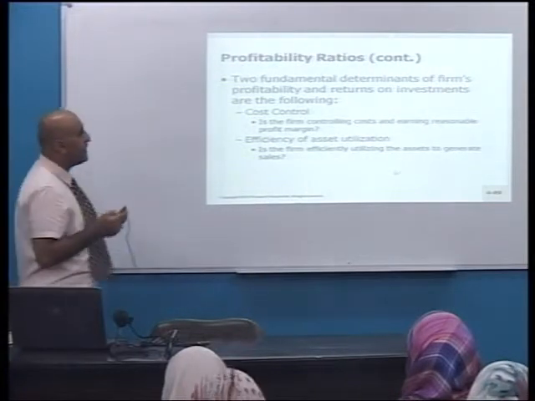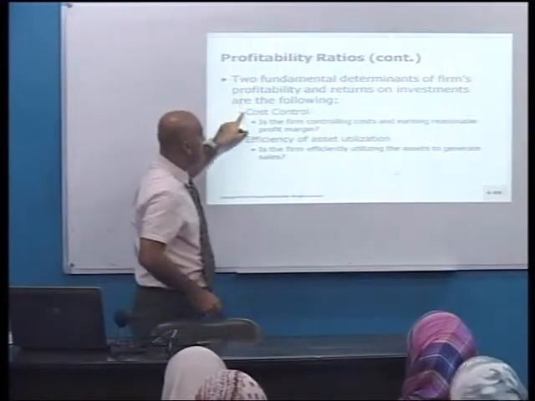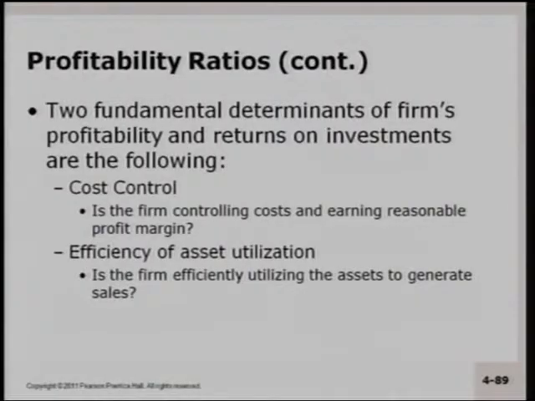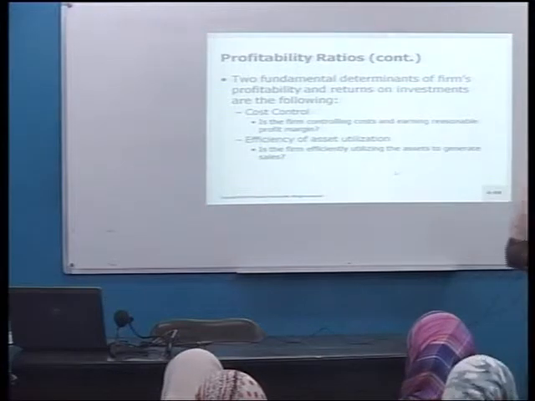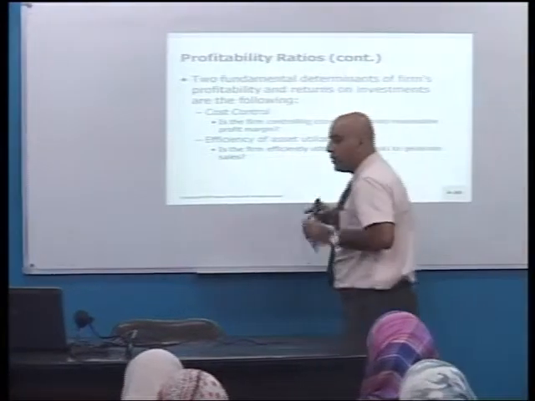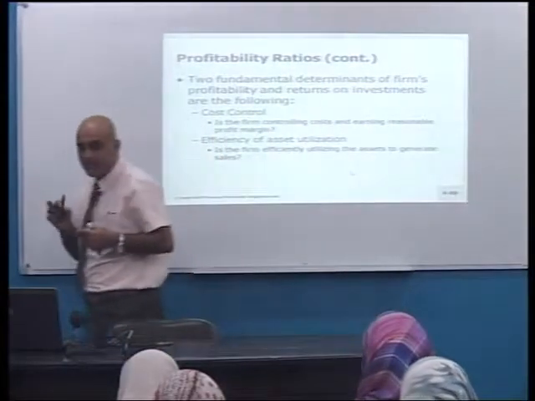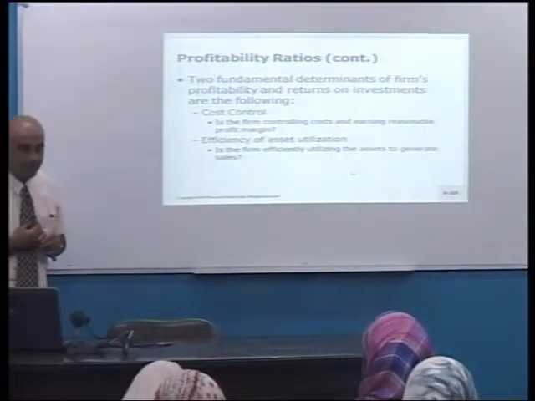So there are two fundamental determinants of a firm's profitability. The first one is cost control, how we look at the cost, and we know the cost is coming from the cost of goods sold, the operating expenses, the interest expenses and taxes. This is important to know where the cost is coming from.